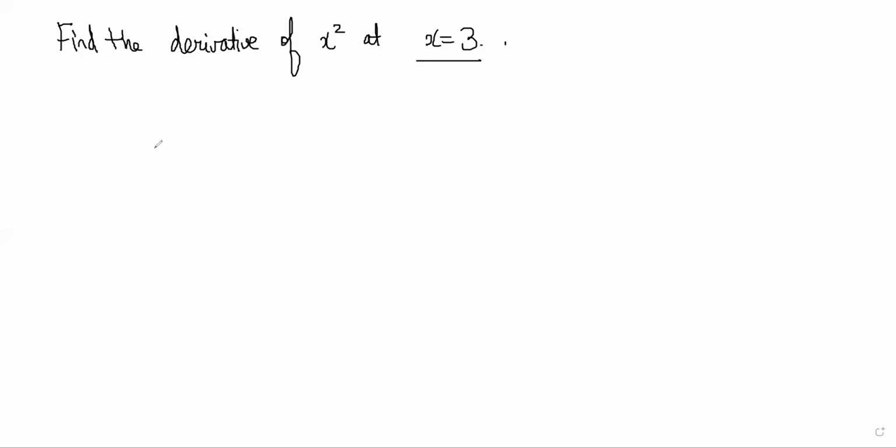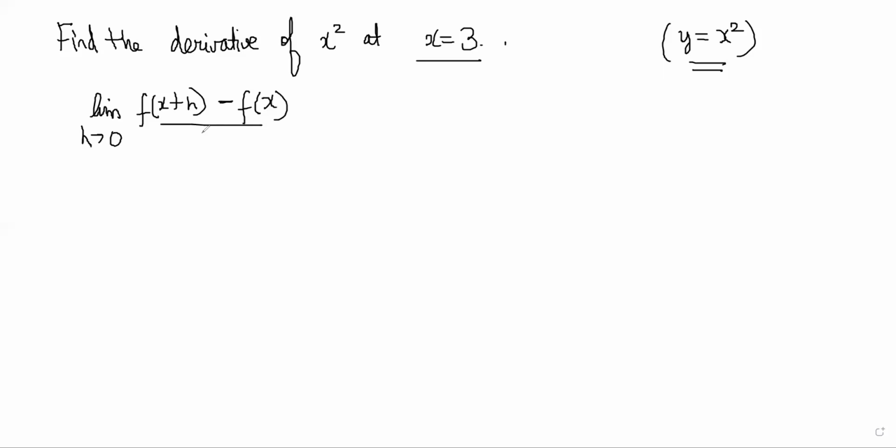We just learned that the derivative is a limit, right? So just calculate the limit for the function y is equal to x square. So what is the limit that we have to calculate? Limit of h tends to 0, f of x plus h minus f of x by h, right?